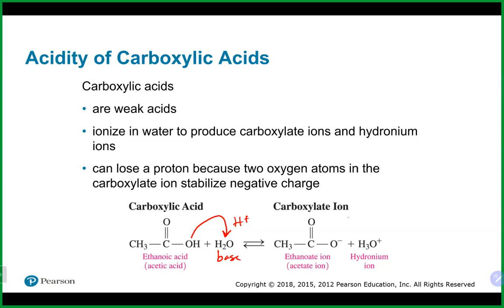The result is what we talked about with an acid and base reaction. We get a salt and some water being formed in a lot of cases, but in this case, we actually will get H3O plus being formed here. So what they'll actually make are what are referred to as carboxylate ions, or sometimes carboxylic acid salts.